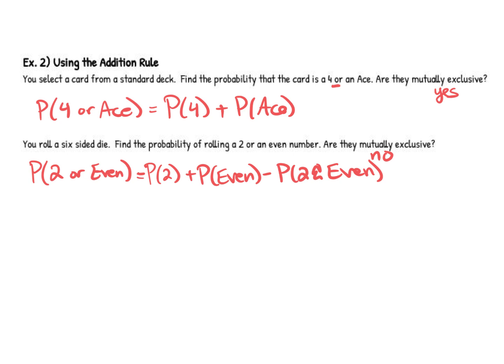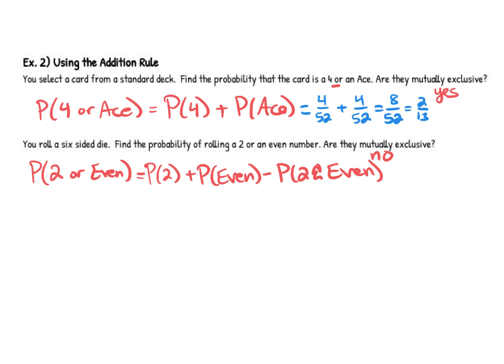Probability of 4 or ace is the probability of 4 plus the probability of ace. The probability of getting a 4 is 4 out of 52, plus the probability of an ace is also 4 out of 52. So 8 out of 52, or 4 out of 26, or 2 out of 13 is what that would reduce down to for the probability of getting a 4 or an ace.